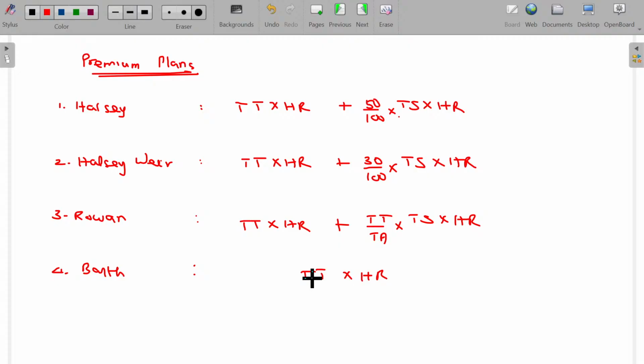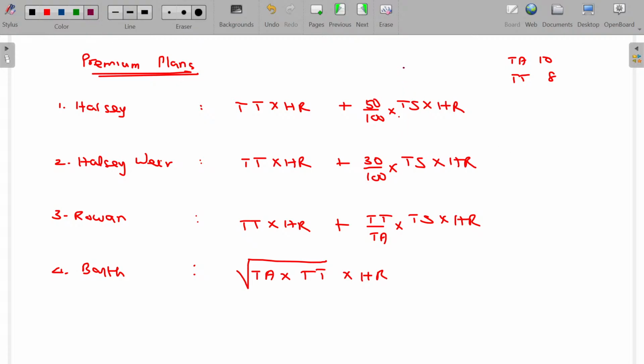No, sir, 30% for the employee. That's in Halsey. In case of Rowan, time taken by time allowed extent will be given to the employee. But under Barth, it's pretty interesting. You multiply time allowed into time taken and take the root of this. See, 10 hours is the time allowed, time taken being 8 hours.